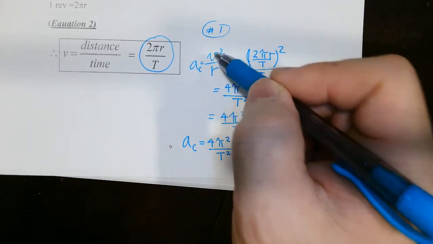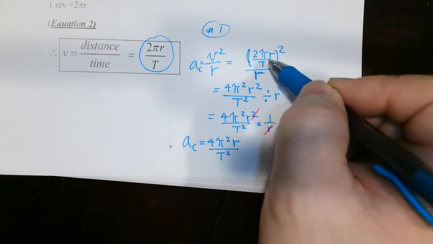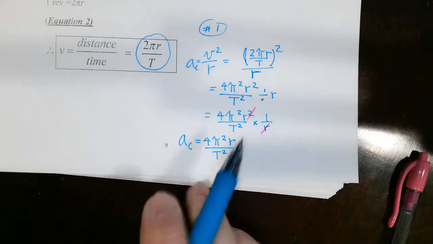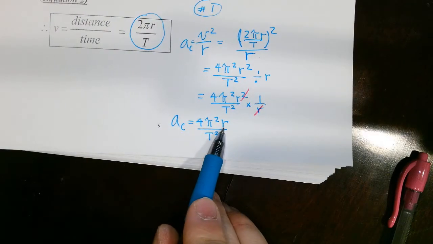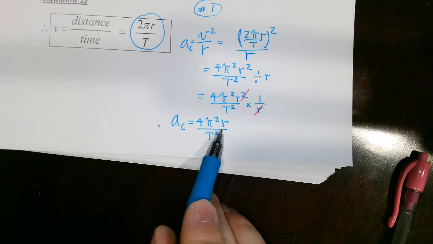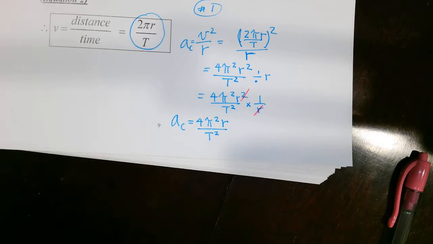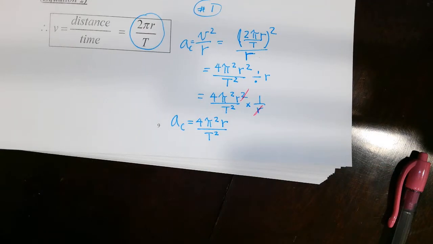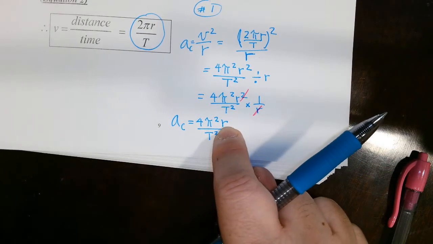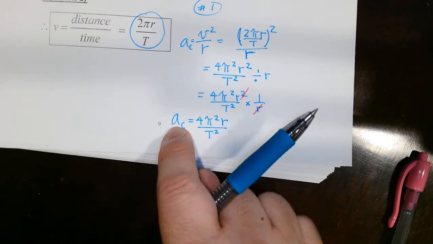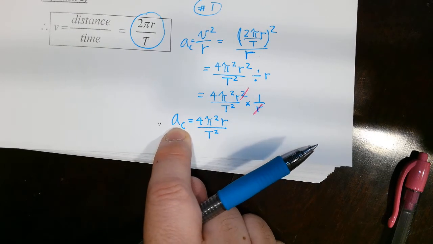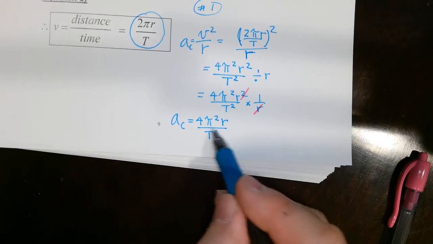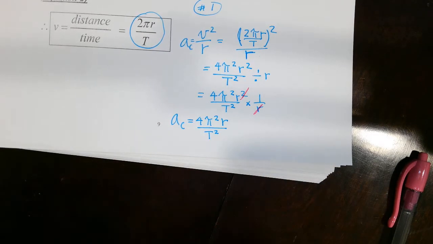And if you plug in the velocity with this equation, this radius is now directly proportional to my a sub c, right? Or should I say a sub c is directly proportional to my radius. So as my radius increases, my centripetal acceleration should also increase, assuming my period of the circular motion stays the same. Okay?